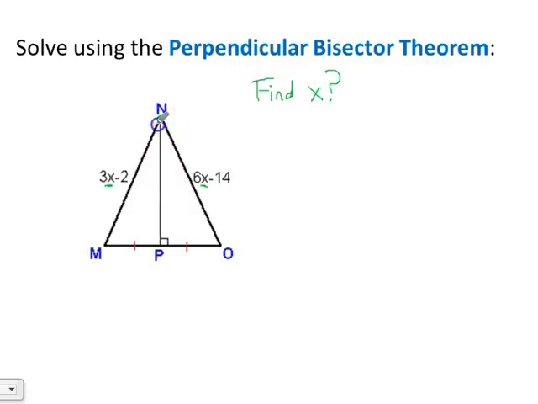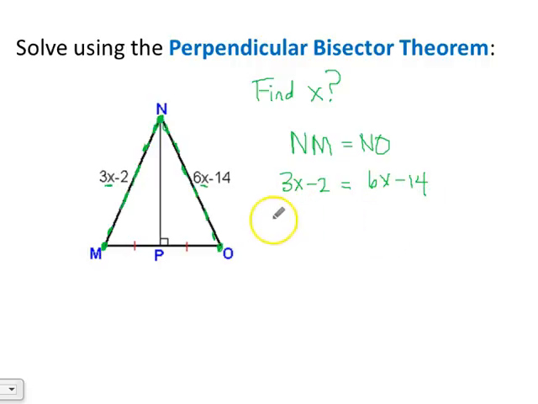We also know that the distance from N to our endpoint M has to be equal to the distance from N to O. So we can now substitute in the values we were given for the length of each of those segments. Now it's just a simple algebraic equation where we're solving for X.